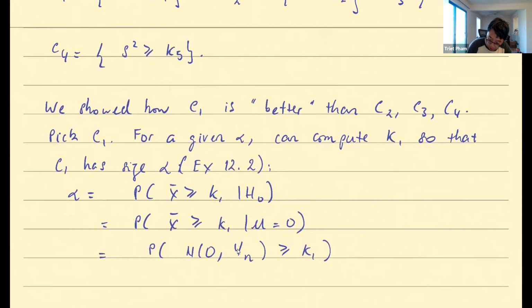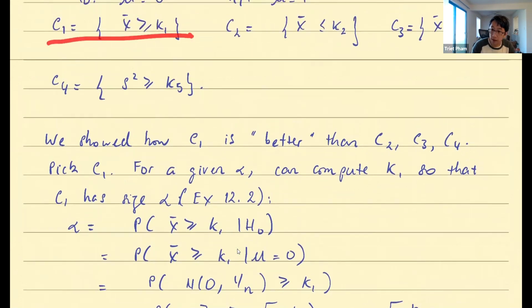And then you can transform that to a standard normal, which allows you to conclude that this quantity right here would be Z alpha. And then you solve for K1, right? But so after I go with the structure, I still need to specify the level that will give this structure a size alpha. Is that okay? So that's the next procedure.